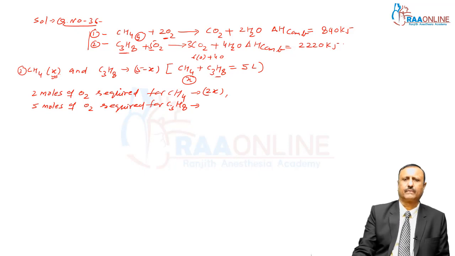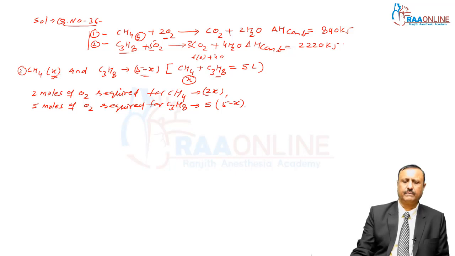So here we can see 5 moles of oxygen required for propane. So it is 5 into, we can take the 5 minus x. My dear students, 5 moles of oxygen is required for propane.